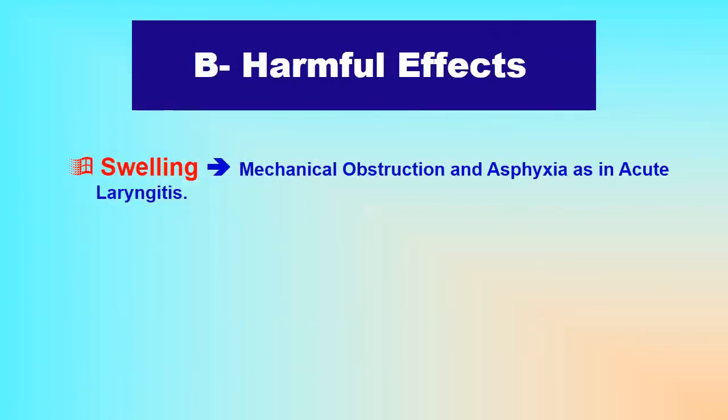The harmful effects of inflammatory exudates are swelling of the tissue due to the accumulation of inflammatory exudate and edema, which causes mechanical obstruction of the airway or the lumen with asphyxia, as in cases of acute laryngitis.